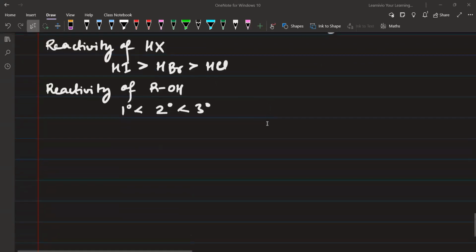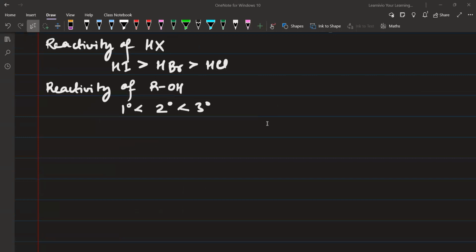So since the reactivity of HCl is very less, we use a catalyst here, that is anhydrous ZnCl2. So this is important.